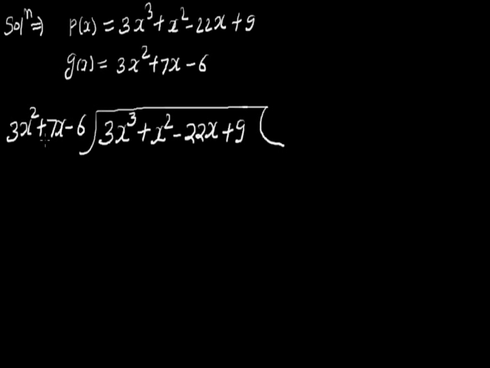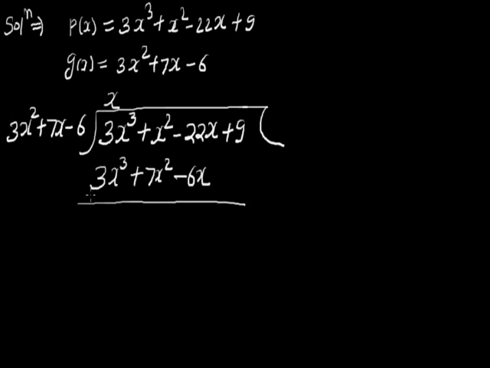Now when we divide the first term 3x cube by 3x square, it goes x times. Now we multiply x by the whole expression and write it like this: 3x cube, second term plus 7x square, minus 6x. We have written the x cube terms below x cube, x square terms with x square, and the x terms with x.